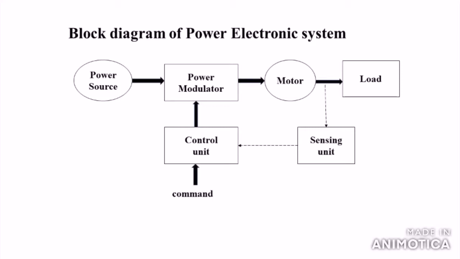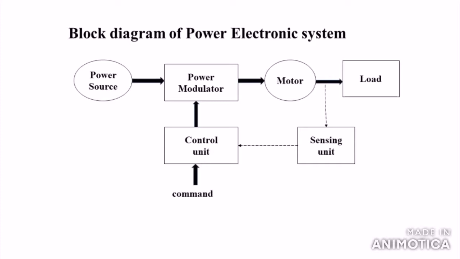Similarly, if the available source is DC and the motor used is AC, the power modulator will convert the DC voltage into AC voltage. In that case, it acts as a DC to AC converter. This is the first and foremost function of the power modulator.